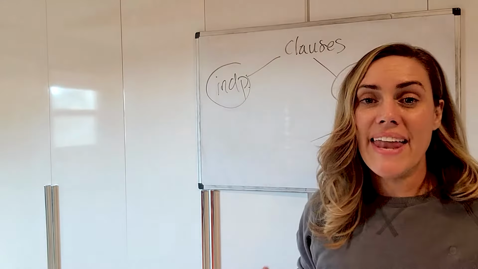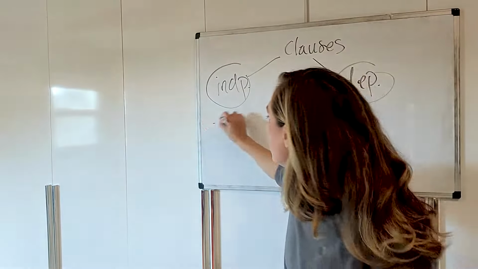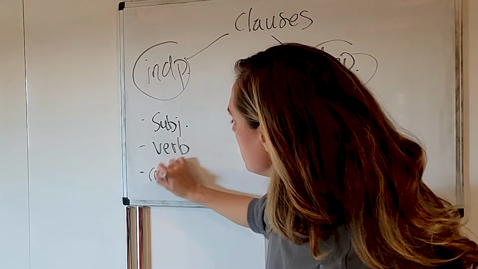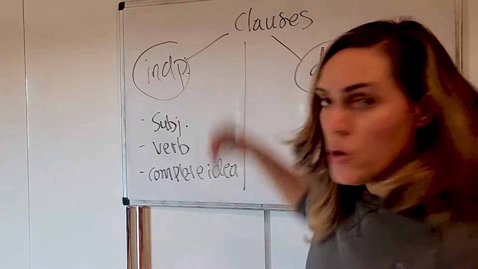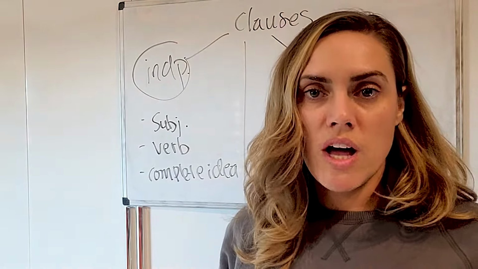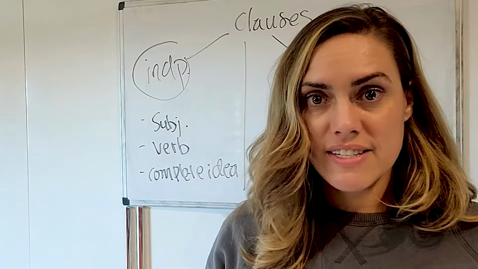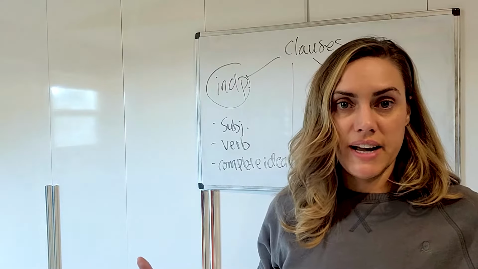So again, an independent clause is like a complete sentence because it has a subject, a verb, and a complete idea. Okay, so I can say, he runs to school every day. He is a subject, runs is the verb. He runs to school every day. Makes sense. It's a complete idea.